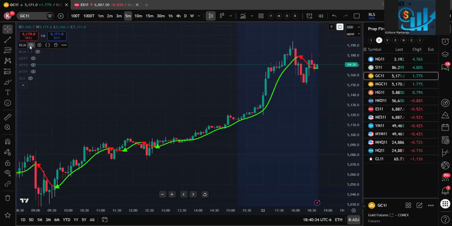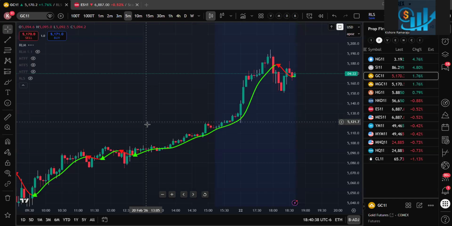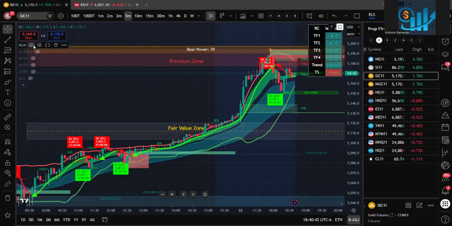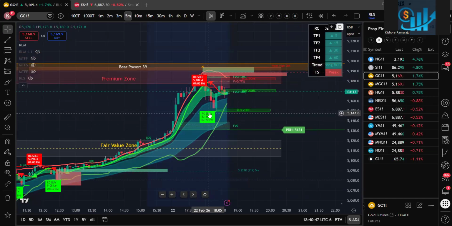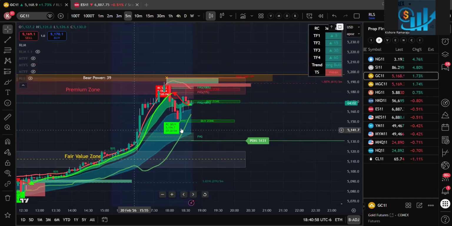If you are trading in choppy markets or you are trading only bullish or bearish tickers, then RLM 1.1 is a good one where you can hold the trades. You got a sell signal, again you got a strong buy signal. Whenever you receive a strong buy signal, you can enter a long position.